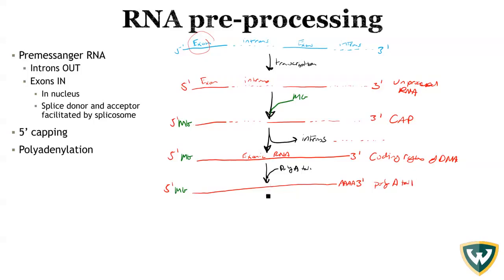And what this does, specifically the 5' cap and the poly A tail, is it stabilizes the RNA molecule and allows it to be transported out of the nucleus and into the cytoplasm, because in the cytoplasm is your translation machinery, aka your ribosomes. And that is how we prep an RNA to be transported out of the nucleus and get it ready for translation.